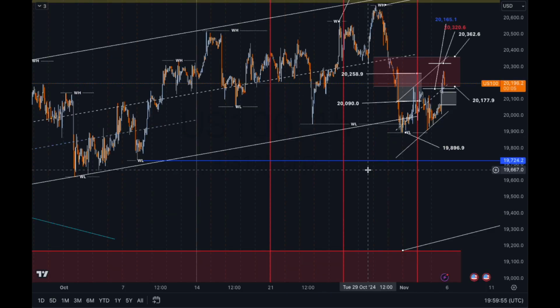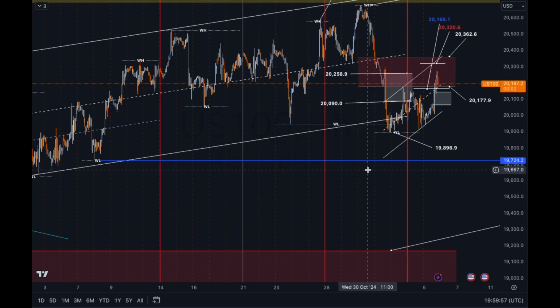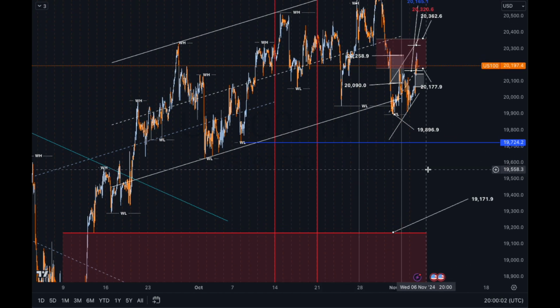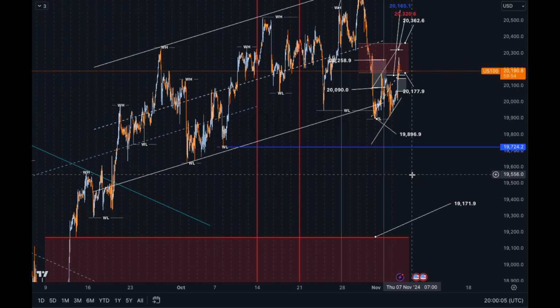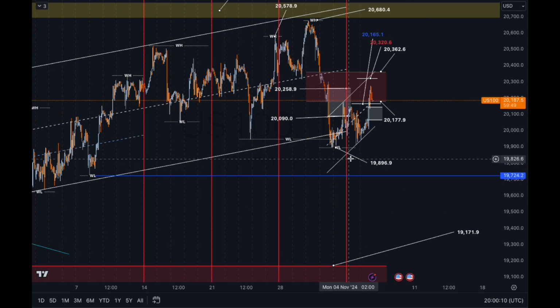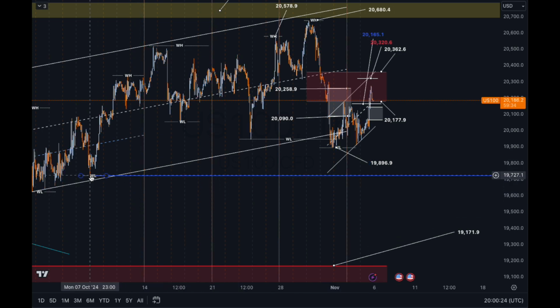Okay, so now that we've talked about NAS possibly dropping, we need to take a look at how far down it can go. So the levels that I'll be waiting to see NAS take out: the first one will be this level right here, which is the weekly low set last week, and that will be 19896.9. I'll be waiting for that one to go first. Then the second level, which is this one over here, would be 19724.8.